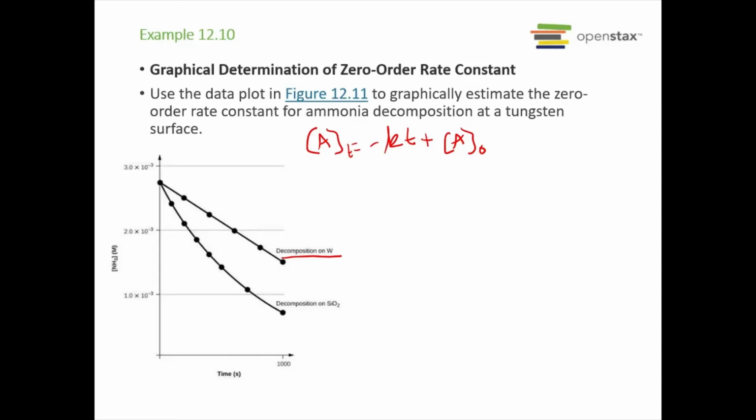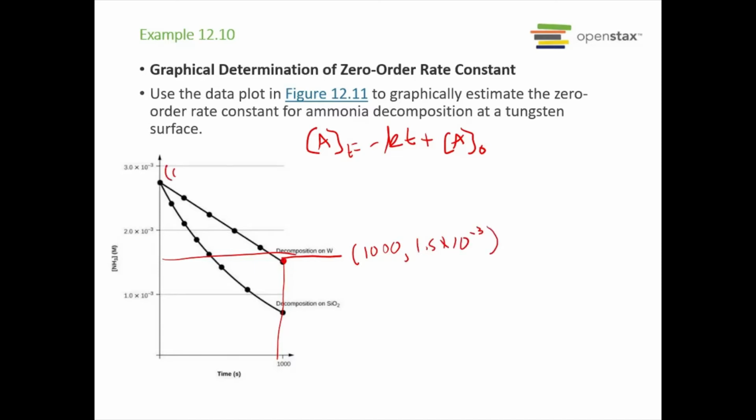And so looking at it, at 1,000 seconds, we're just going to go ahead and do this. 1,000 seconds, this is approximately 1.5 times 10 to the negative third molar. Okay, so this point is at 1,000, 1.5 times 10 to the negative third.